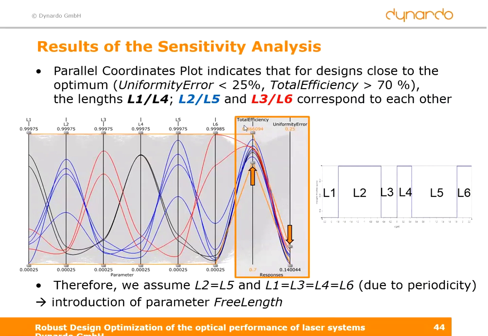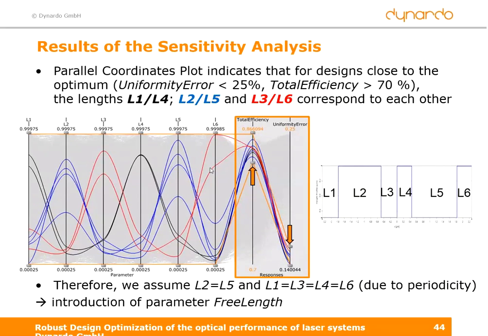We wanted to see what happens for a high total efficiency and for a low uniformity error. We saw that indeed there is something interesting, because the lengths L1 and L4, as well as L2 and L5, and also L3 and L6 correspond to each other somehow.